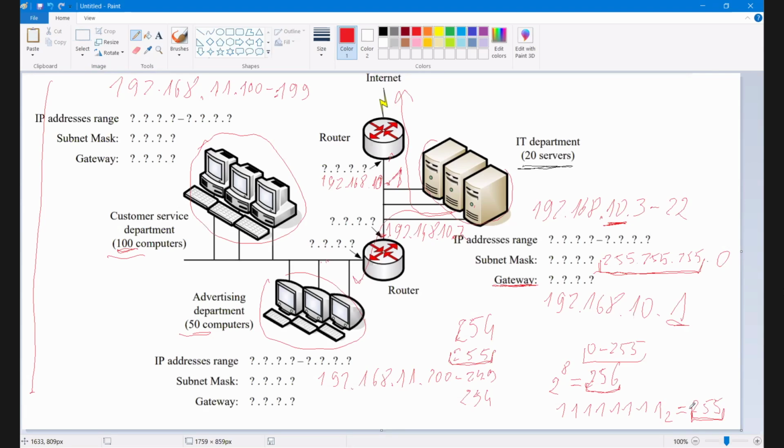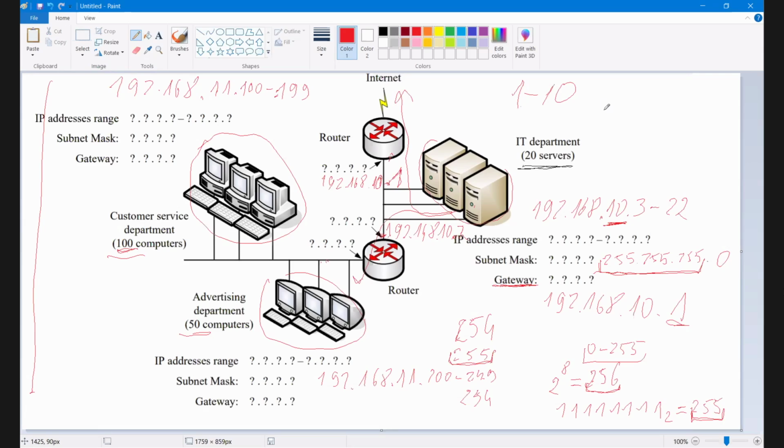Okay, thank you. If you have no additional questions, we can finish today. Sir, I have a question. For the 100 computers, you put from 100 to 199. How did you conclude that? If we have from 1 to 10, we have 10 numbers.